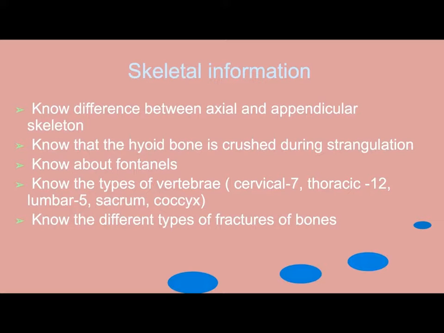We'll teach you about the fontanelles and help you learn to identify the various types of vertebrae. We'll also show you the types of fractures that you may run across, as well as learning to differentiate between race, sex of an individual, height, and a few other components of the skeletal system.